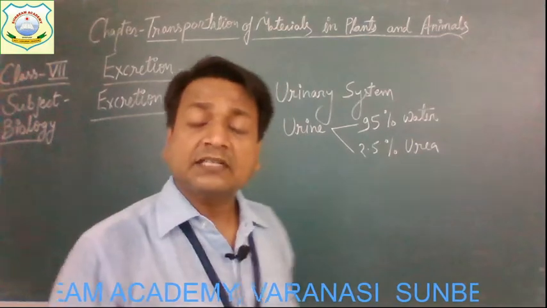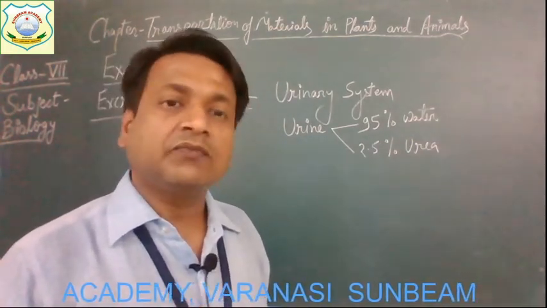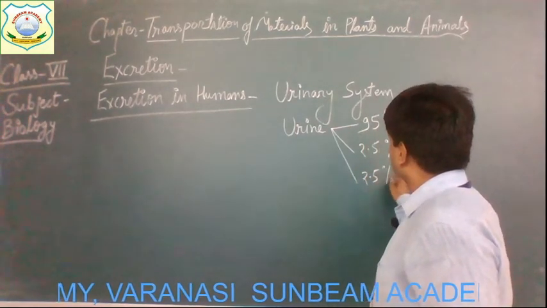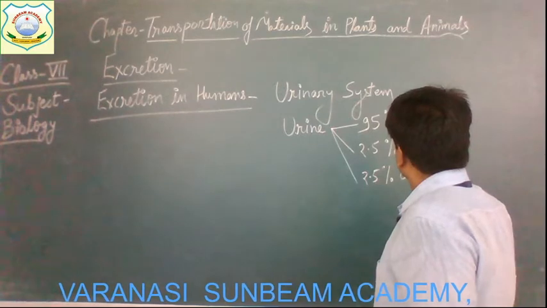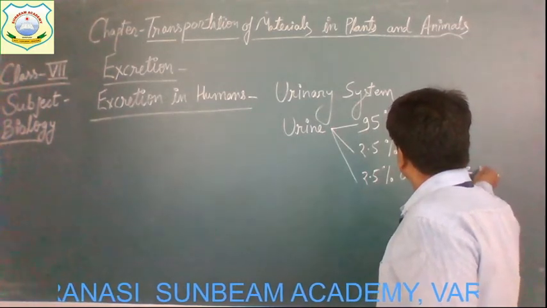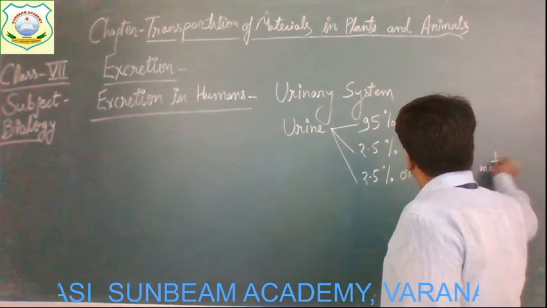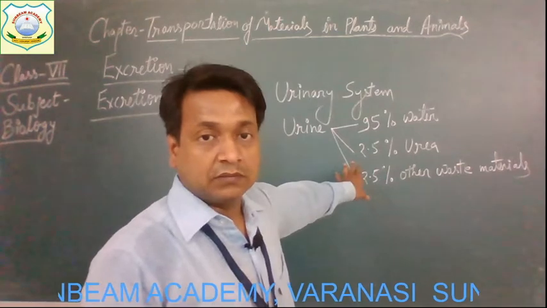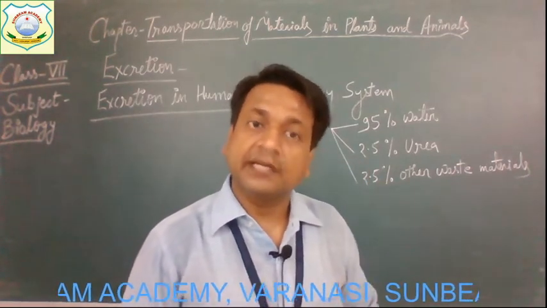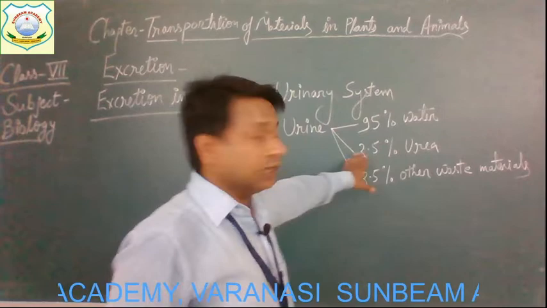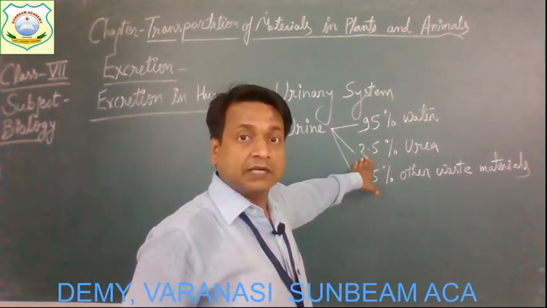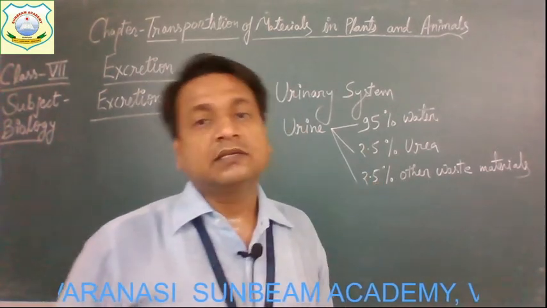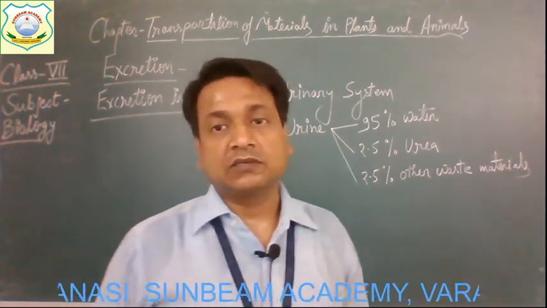The rest of the 2.5% has other waste materials. So this is the total composition of our urine. 95% water, 2.5% urea, which is the excretory product, the waste material of the body, and the rest of the 2.5% is other substances which are also waste.